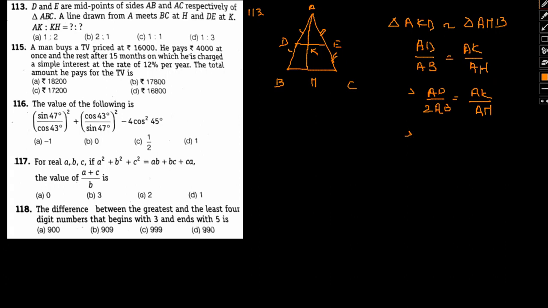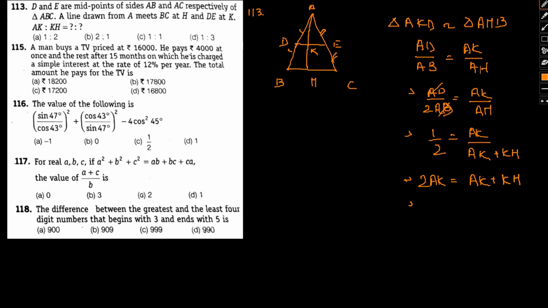So this is twice AD. Sorry, my bad. So this AD and AD get cancelled out. So 1 by 2 equal to AK by AH. AH we can write as AK plus KH.